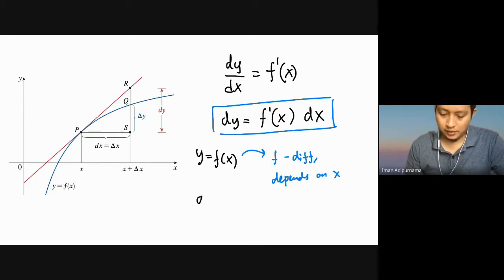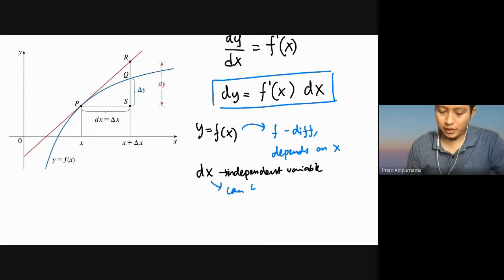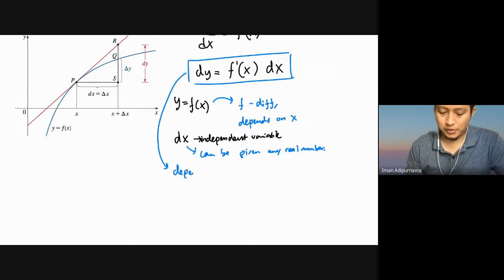And dx is an independent variable, so it can be given any real number. And then dy depends on dx. Not only dx, it depends on x and dx.